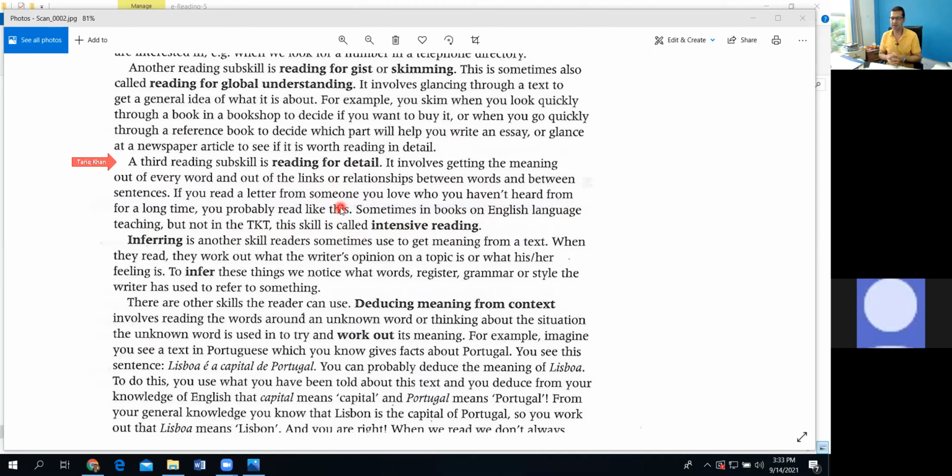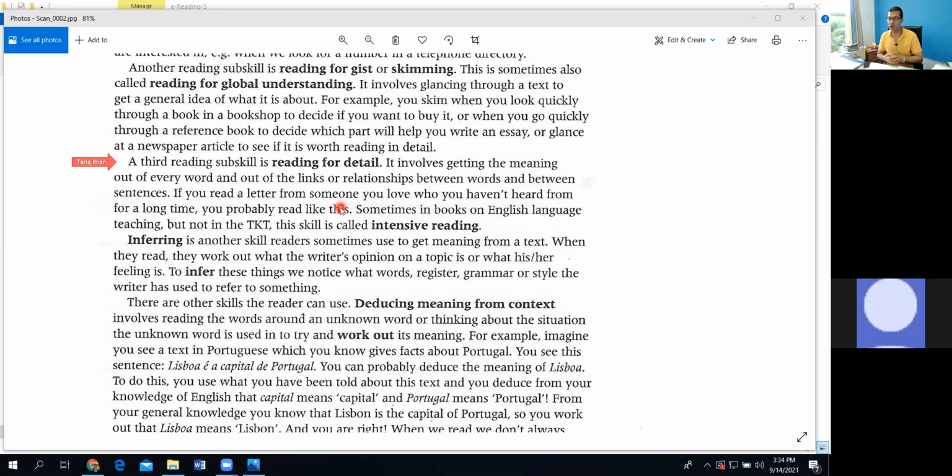When it happens, intensive means with very much care. ICU stands for intensive care unit, right? In the hospital, where they take extraordinary care of the patients who are serious. So when you are reading intensively, it means that's very important reading.